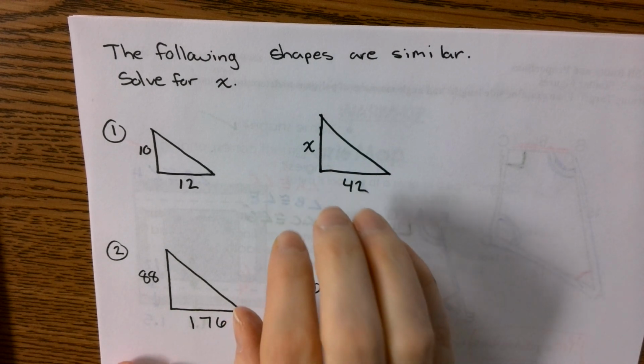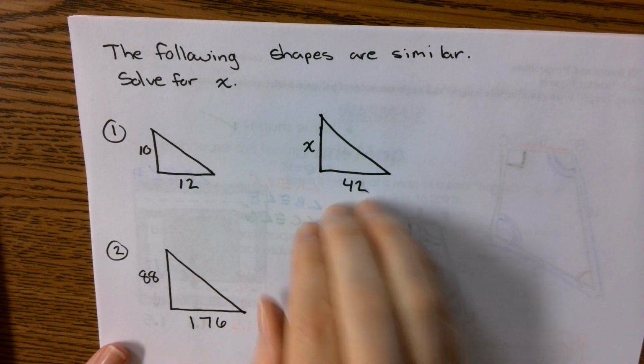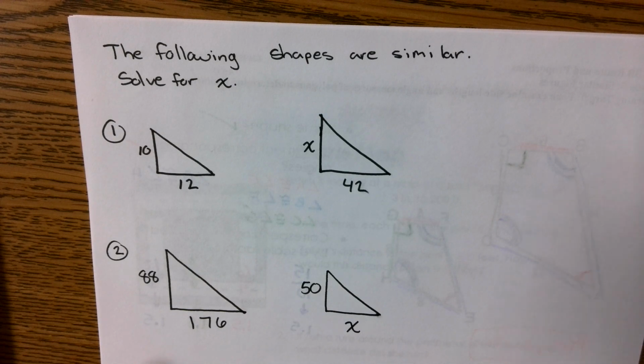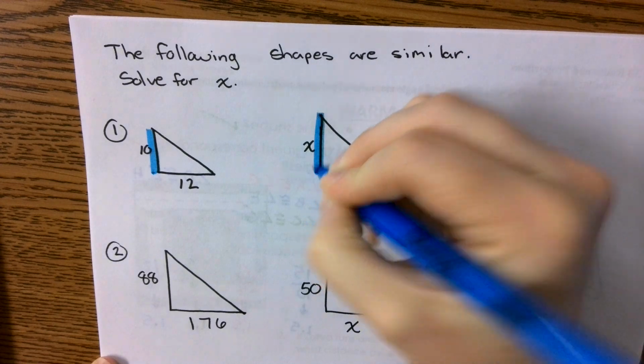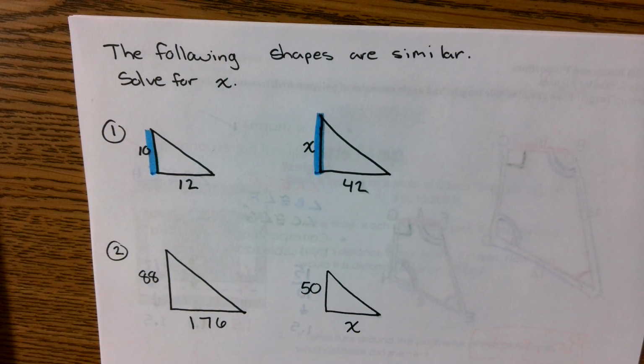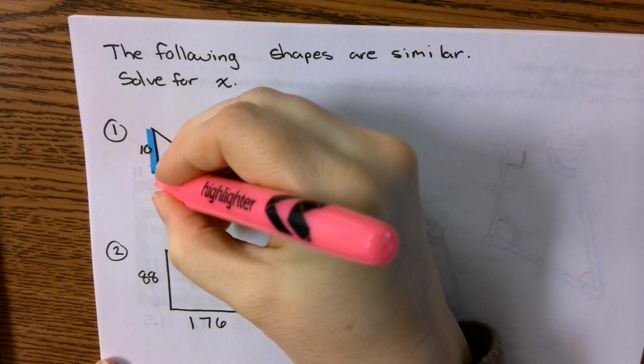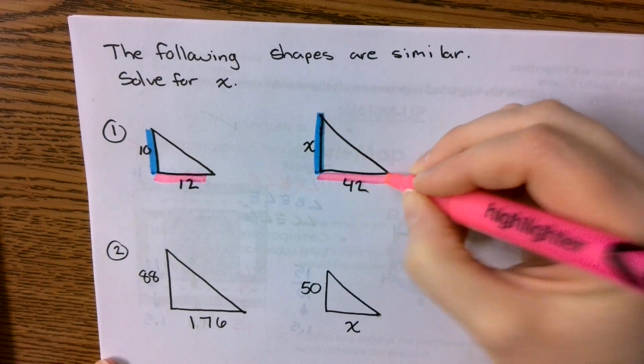So we can set this up as an actual proportion. Knowing that we've got corresponding sides, 10 is going to correspond with the x, and 12 is going to correspond with the 42.